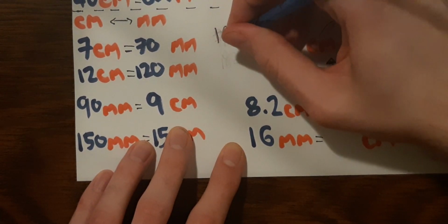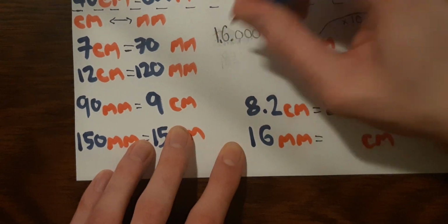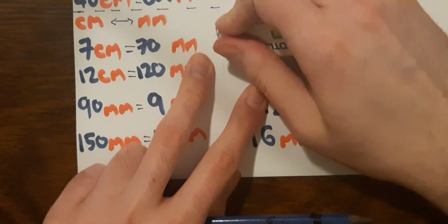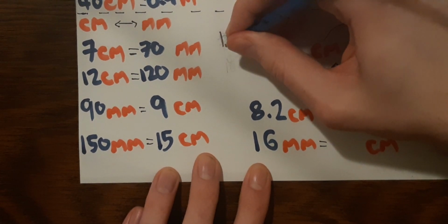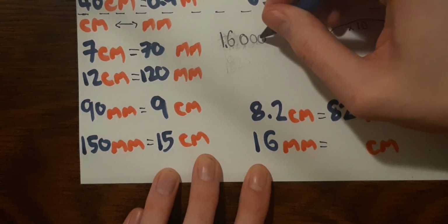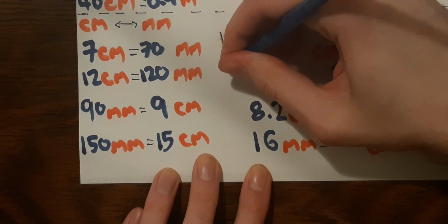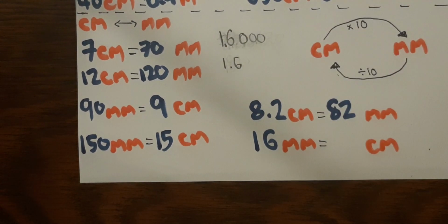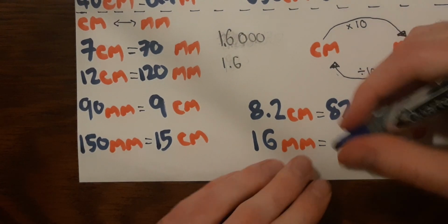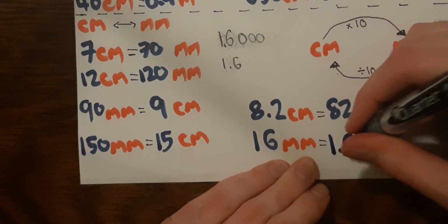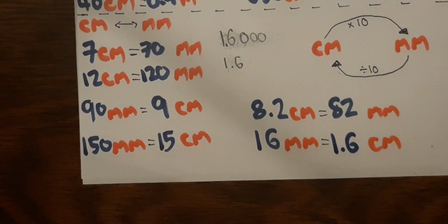So we take the decimal, move it one spot to the left, get rid of the first guy, and all of a sudden we have got 1.60000, or the same as 1.6. All right, so 16 millimeters is 1.6 centimeters.